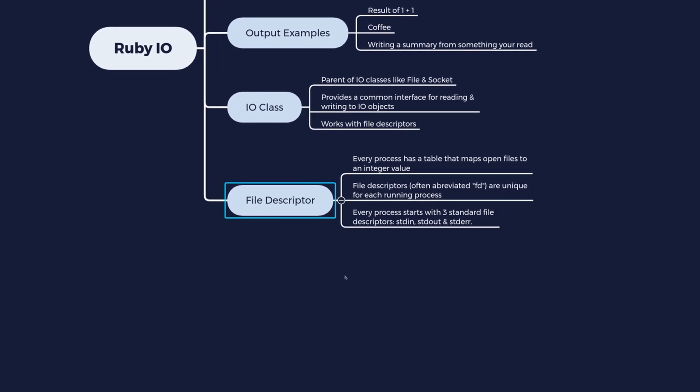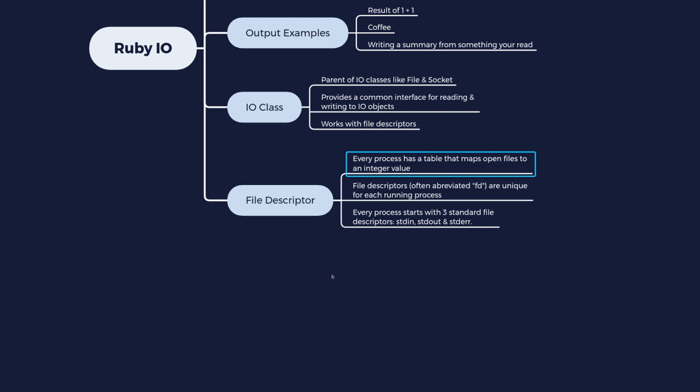So a file descriptor, to understand it, we have to understand that every process, like Ruby or any other process, like your web browser, that's also a process, your terminal, your editor, every program, right, is running as a process.